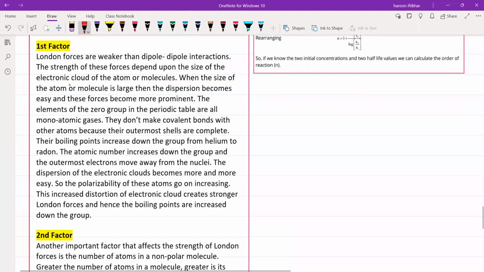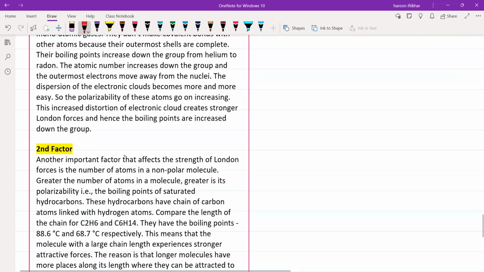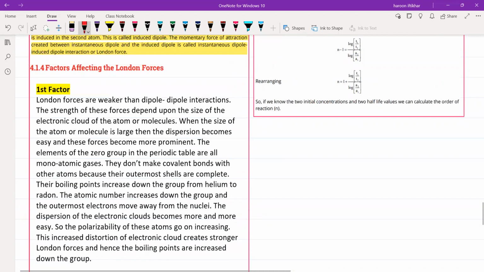Okay. So the size of the molecule is very important. Like if we have polar molecules or non-polar, so definitely they are non-polar molecules, but the size of monatomic gases. For example, if you will see your book, helium, neon, argon, they are not making compounds, but the size of helium is less than neon, which is less than argon.